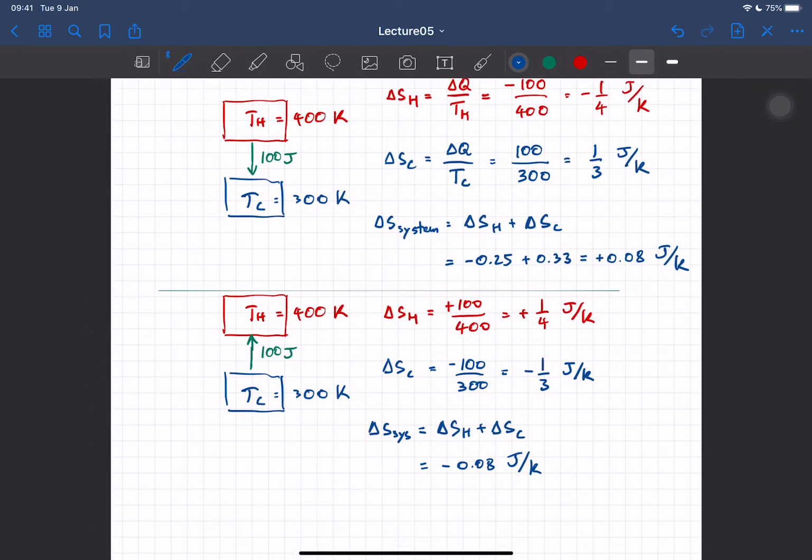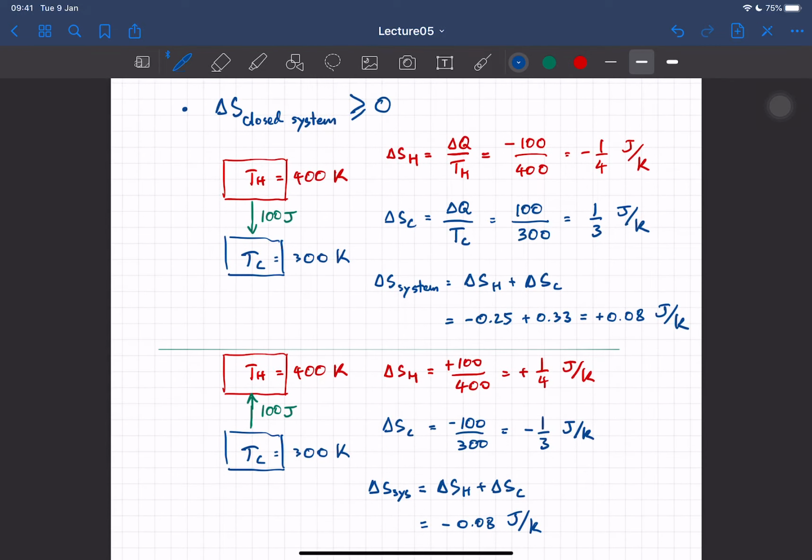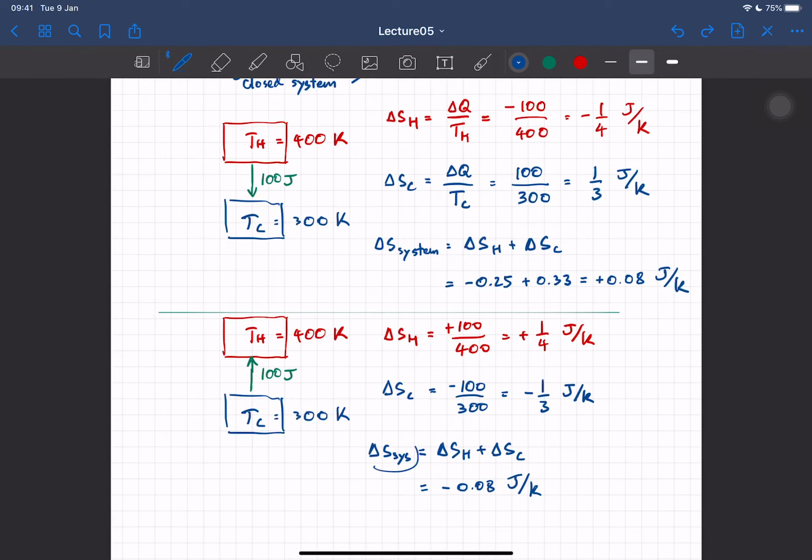So in terms of conservation of energy, there's nothing wrong with this, because all the energy that you extract from the cold side, you put it in the hot side. So there's no energy lost, there's no energy spontaneously created. So you don't violate the first law of thermodynamics. You don't violate the conservation of energy. But you do violate the second law, because the change of the entropy now becomes negative.